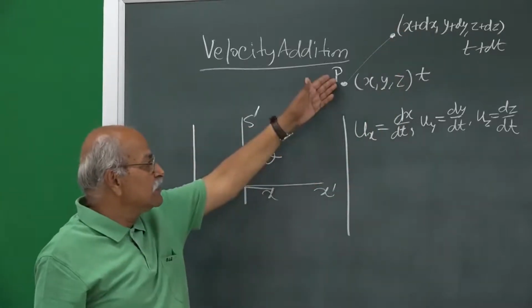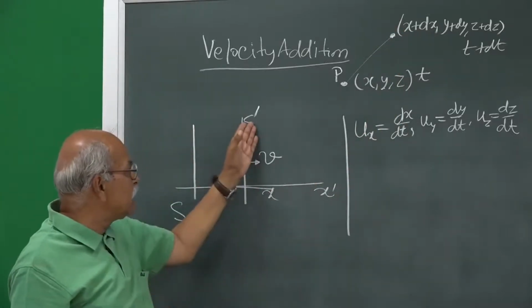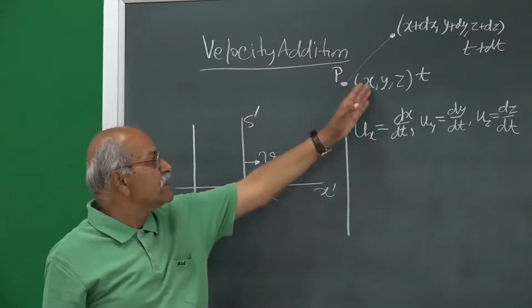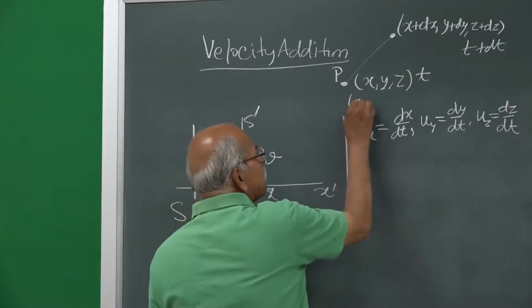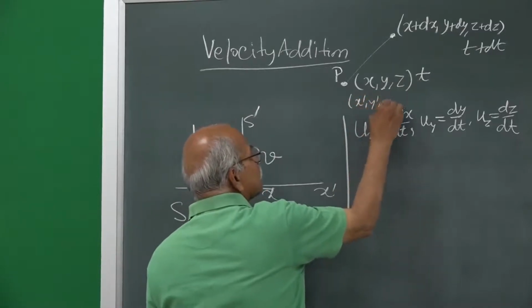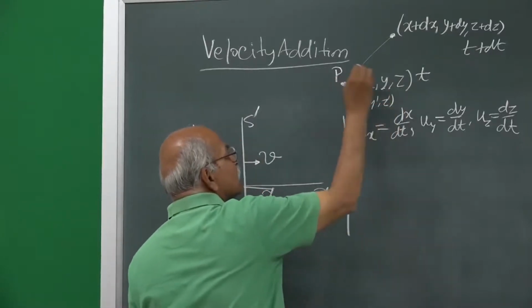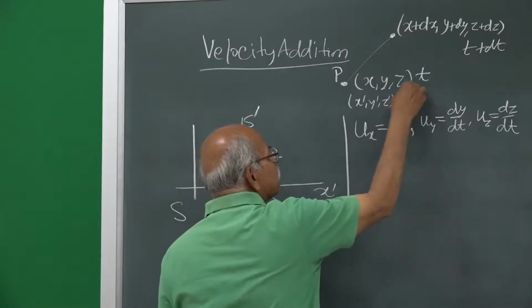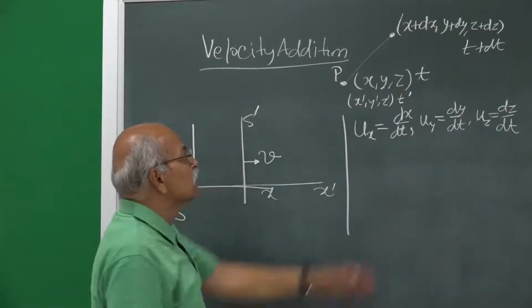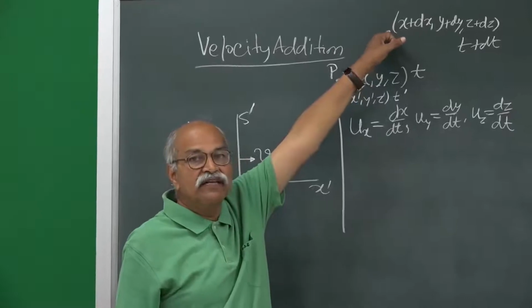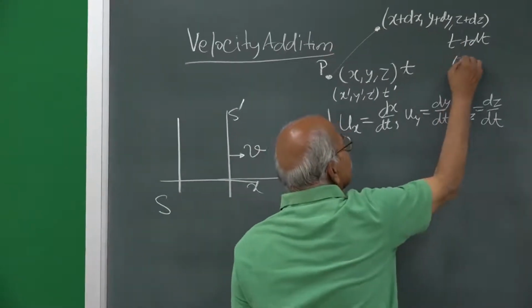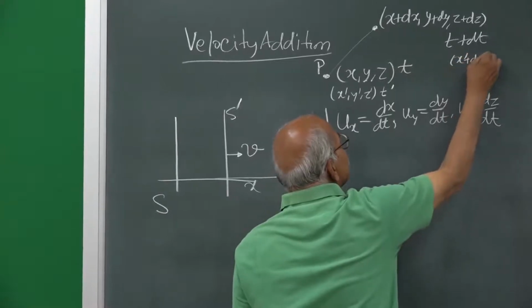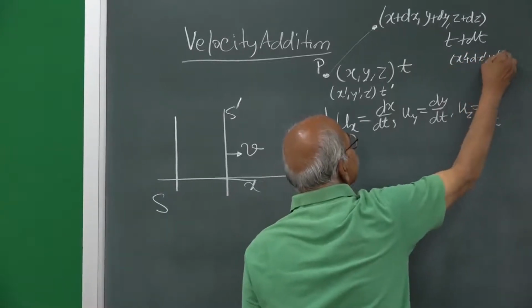The description, if you ask from S prime, where did the event occur? There will be some position described by x prime, y prime, z prime. At what time P was here? That will be t prime. This event here, where did the event occur? S prime description will be x prime plus dx prime and so on.